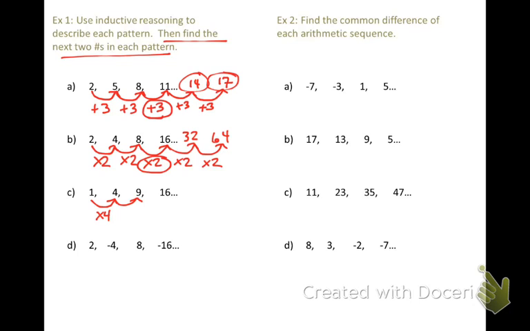Wow, so it can't be multiplying. This is a little different, so you have to think of other math terms. Well, I know 1 squared equals 1. 2 squared equals 4. 3 squared equals 9. 4 squared equals 16. So how would you write this one?